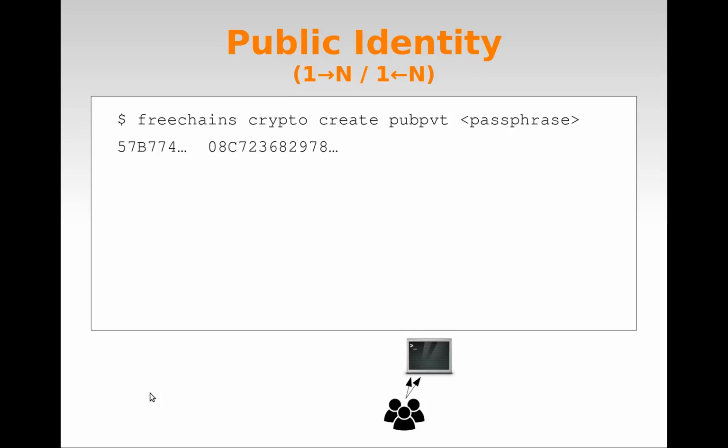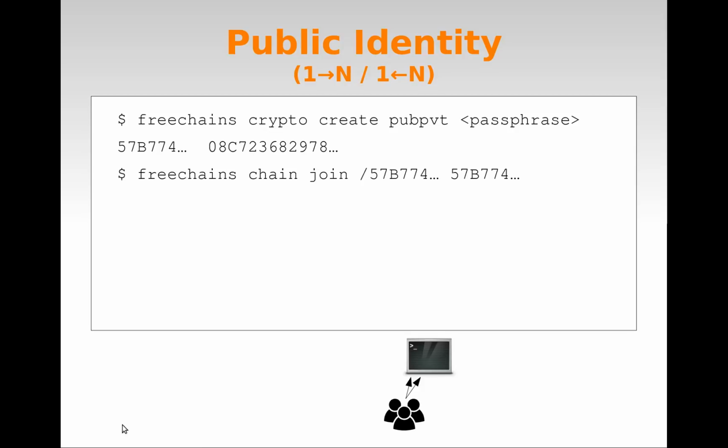The answer is a pair of keys, a public shorter and a private longer, which should be kept safe in secret. The public key is the identity of this author and should be shared with its target audience. Whenever a post has this public signature, it means that it was posted by the user holding the private key.